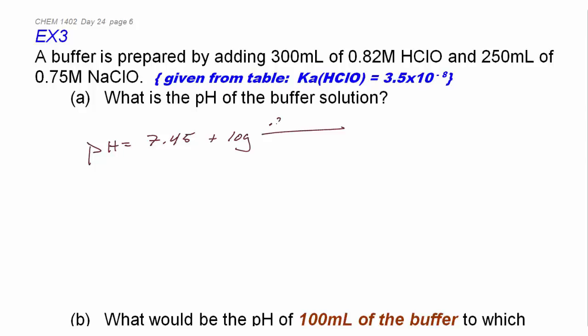So that would be 0.25 liters times 0.75 moles per liter, divided by 0.3 liters times 0.82 moles per liter.